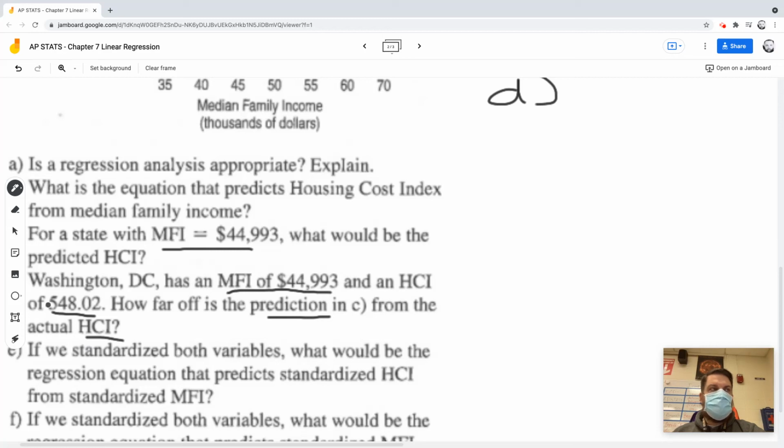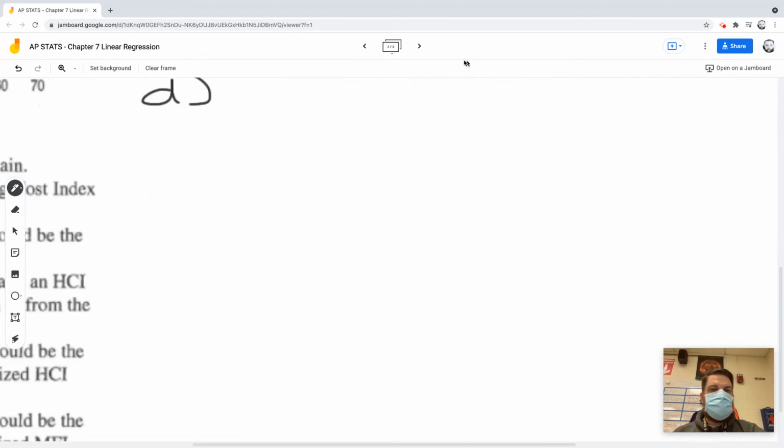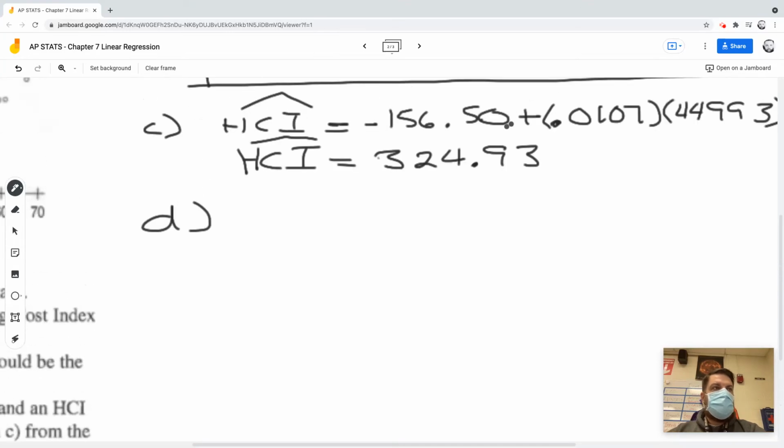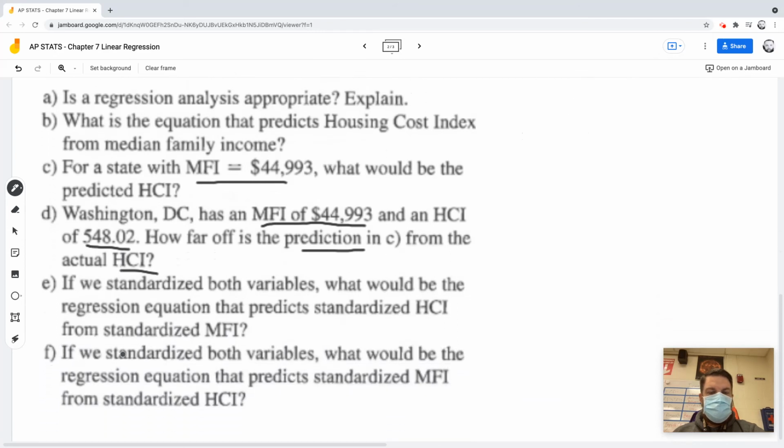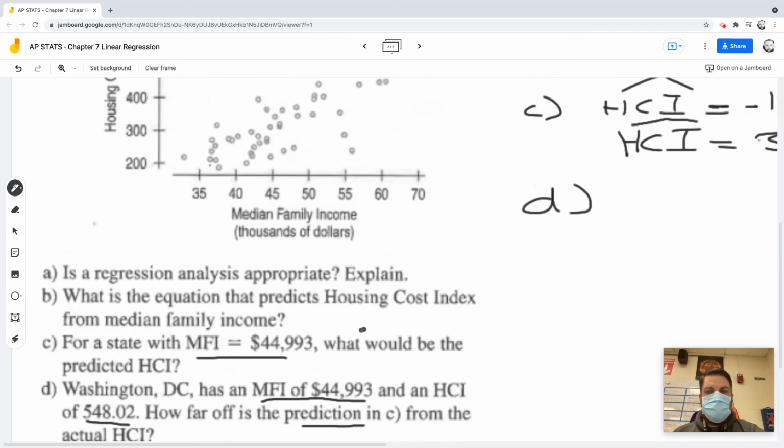So this is actual, observed, compared to the predicted, so they're basically asking us for the residual, right? So what do I do with that number? Our prediction was 324, and then we have the 548.02.